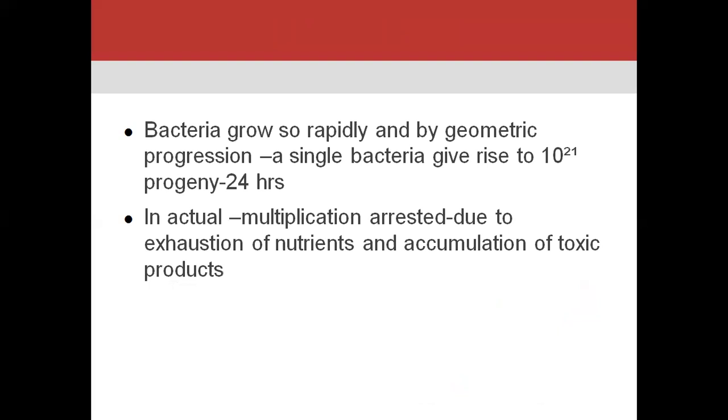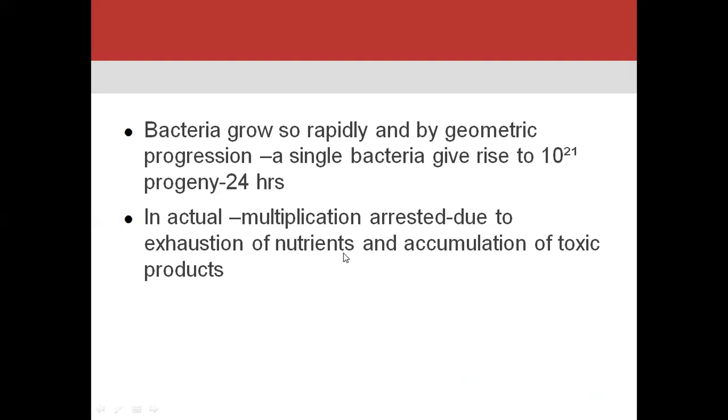Actually, bacteria grow so rapidly. The bacteria multiply by geometric progression, so that a single bacterium gives rise to 10 to the power of 21 cells of progeny in 24 hours. But in actuality, the multiplication of bacteria is arrested. Why is the multiplication of bacteria stopped?